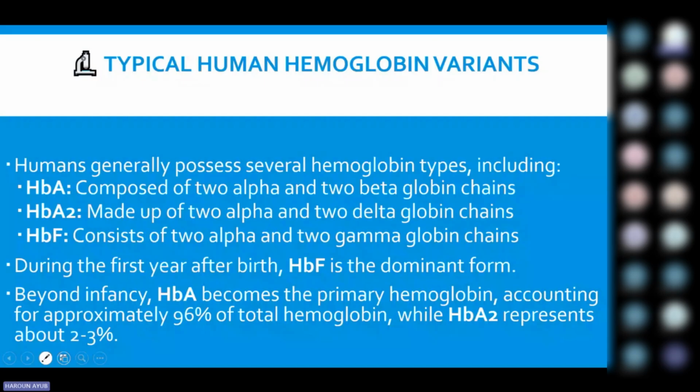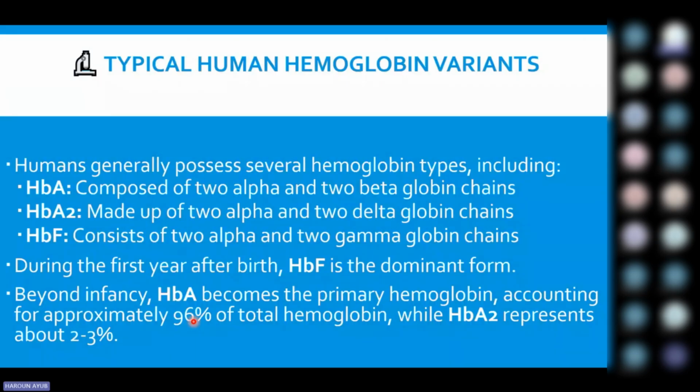So it's very normal for us to get a representation of between 2 and 3% for HbA2, while HbA for a healthy individual will be around 96 or 97%, while the other percentage will be HbA2. So our total percentage will usually sum up to 100%.